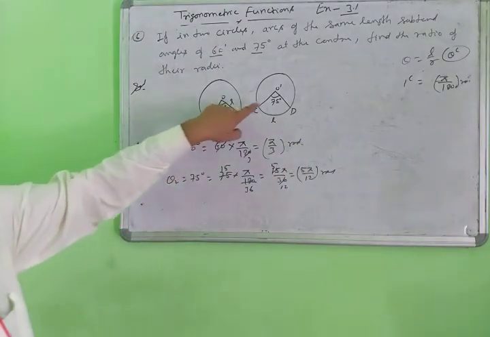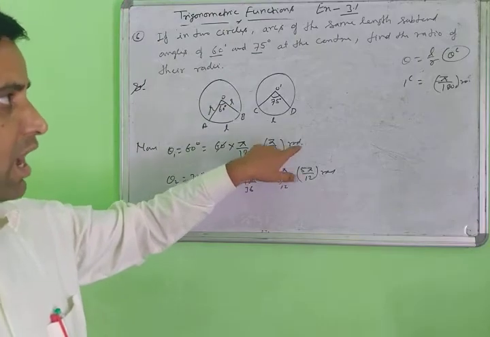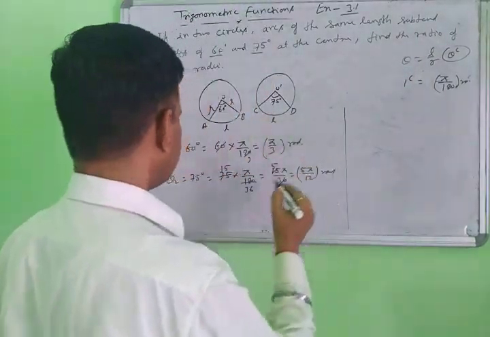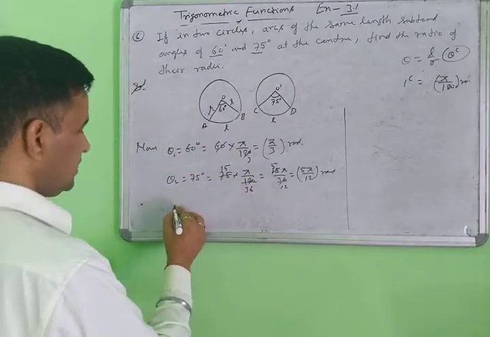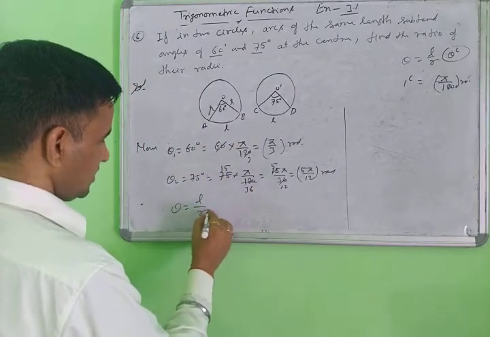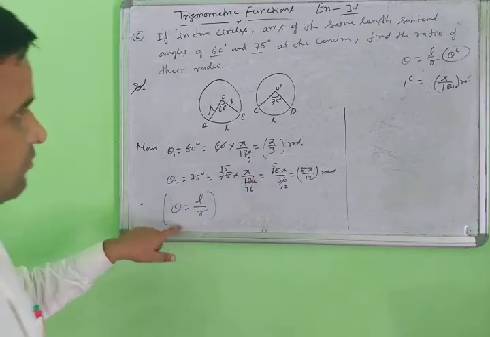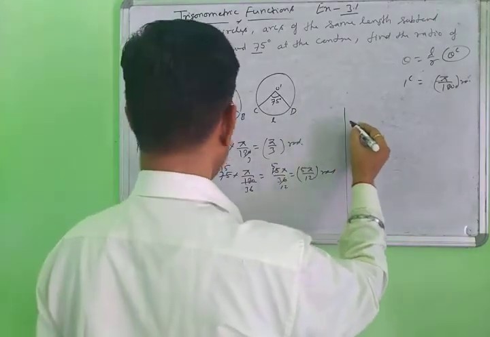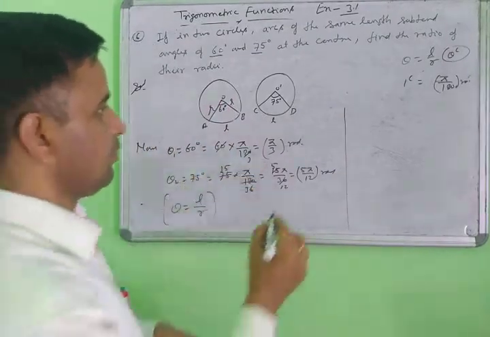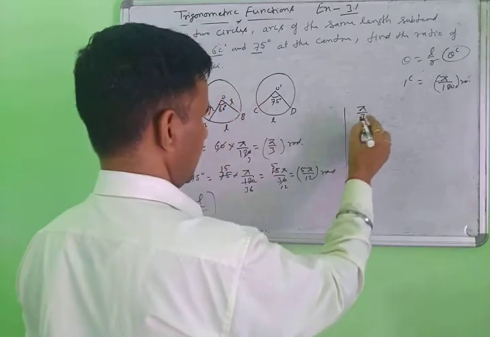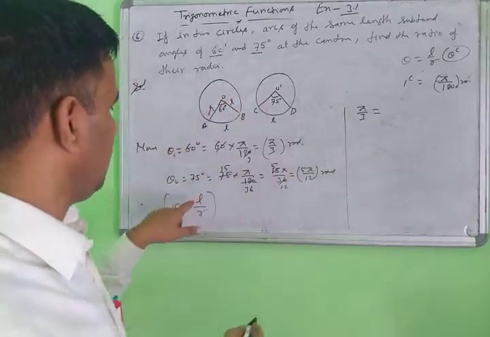First the degrees are converted into radian. After that, use this identity. Look here, the main identity is theta equals L upon R. For the first, theta is pi upon 3, equal to L upon R1.